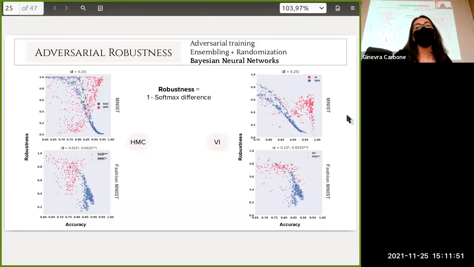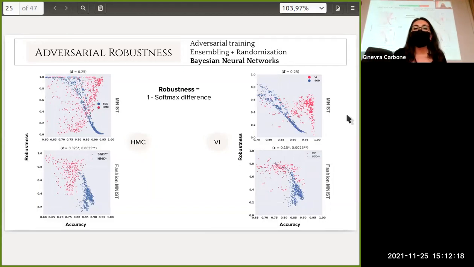Robustness here is defined as 1 minus the softmax difference, which is the difference between softmax predictions on the original points and softmax predictions on the adversarial points. So we are simply computing the difference between the probability vectors given on the original data points and the probability vectors given on the attacks. So 1 minus this difference is the robustness we achieve.